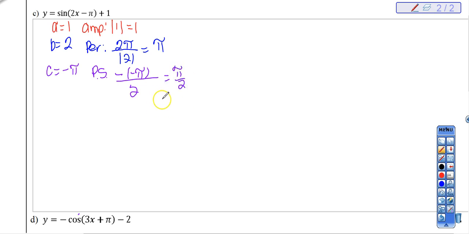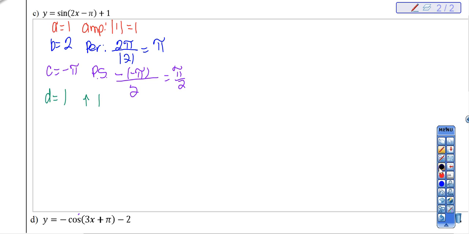So that's a shift right, pi over 2, or a quarter turn on the unit circle. And then your D term is 1. And that's just a shift of the entire graph vertically up 1. So we've analyzed all of the information that we have. We have the amplitude, the period, the phase shift. And after we perform all of that, we'll push all our points up 1.